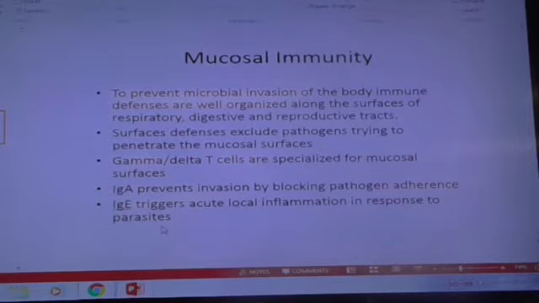So there is a constriction of the bronchioles, but there is dilation of the blood vessels, and a lot of fluid accumulates that leads to difficulty in breathing, causing an allergic asthma type reaction. Nasal secretions also increase because of the increased vascular permeability. So that's about IgE triggering local inflammation, but IgE is meant for acting against the parasites. IgE is not meant to cause allergies. Okay, remember that.